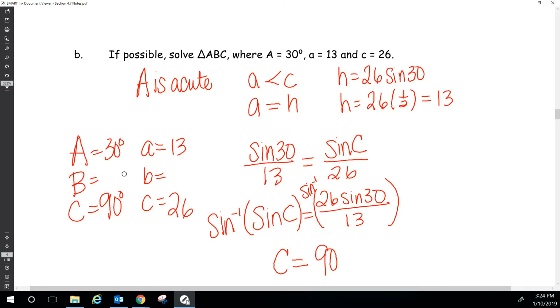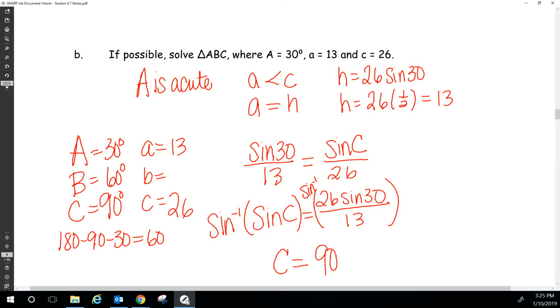All right, so to find this other angle, I've got 180 minus 90 minus 30. Hopefully you guys remember from geometry our special triangle, which is 30, 60, 90, and we use that to help build our unit circle. All right, so we've got 60 degrees.